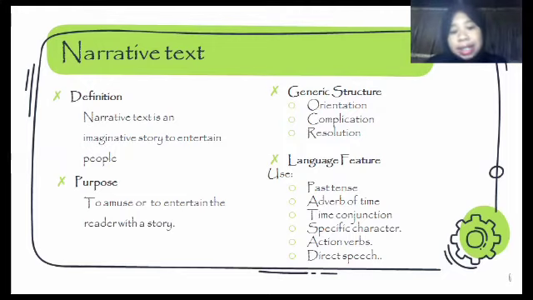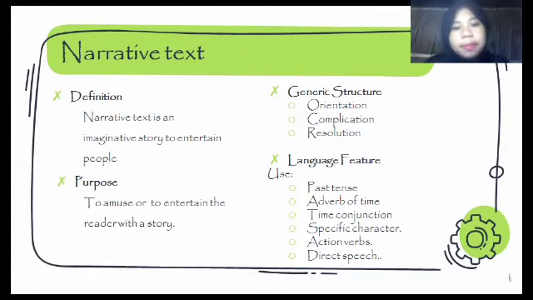First, use past tense or verb 2, like wrote, drunk, killed, etc. Second, adverbs of time. For example, once upon a time, one day, 3 years ago, etc. Third, time conjunctions. For example, when, then, suddenly, etc.